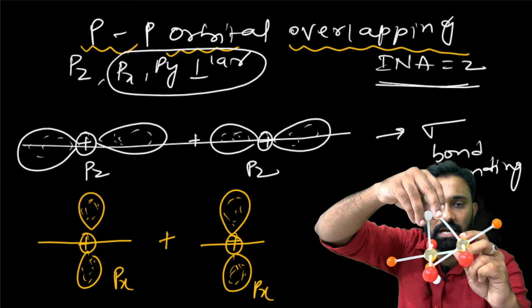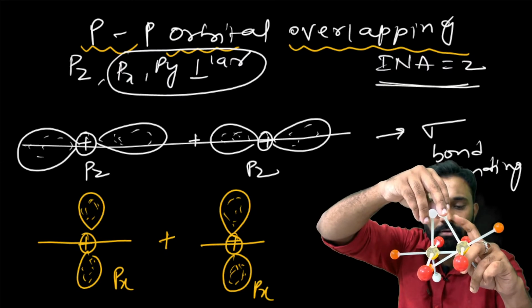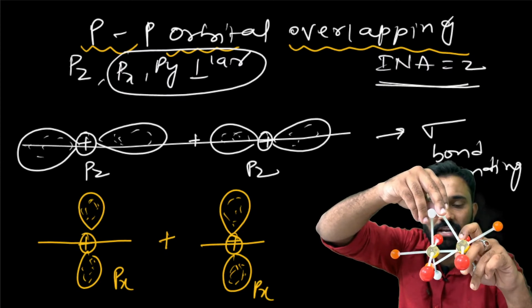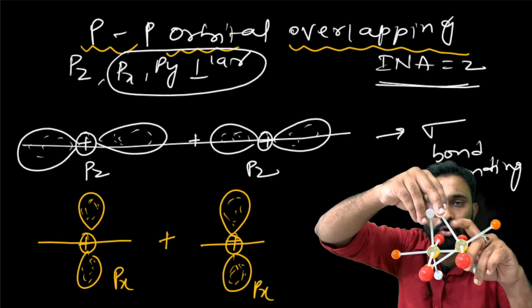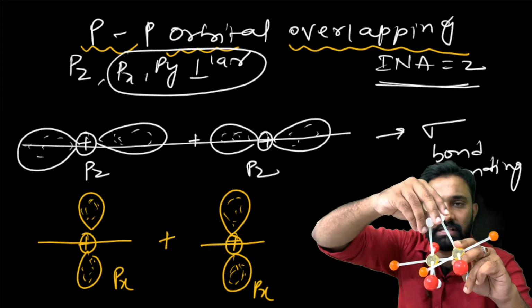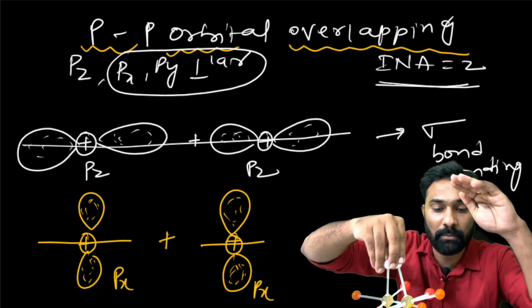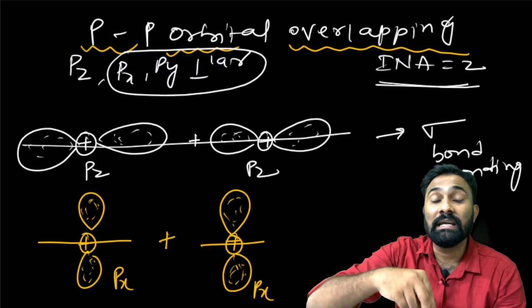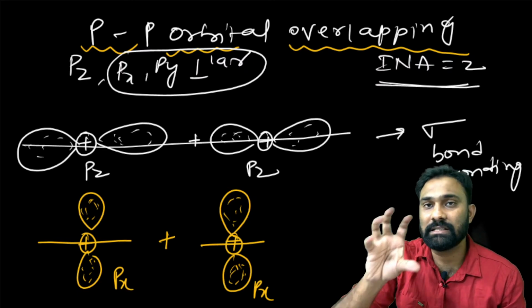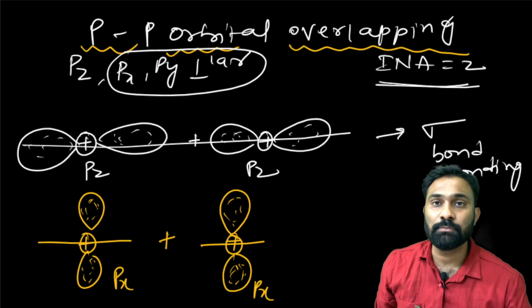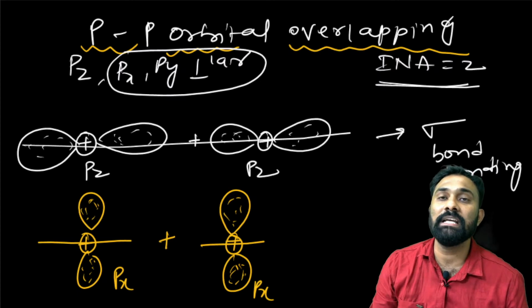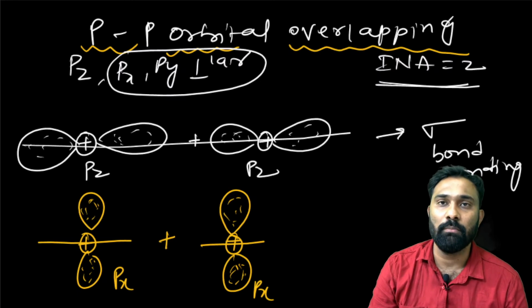The electrons and the nucleus are far away from each other. When they are far away, is the bond strong or weak? There is no strong attraction between this electron cloud and the nucleus. Due to that, the strength decreases, which means the pi bond that has formed is weaker than the sigma bond. Clear?